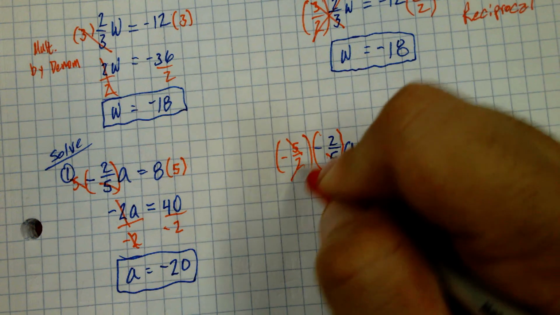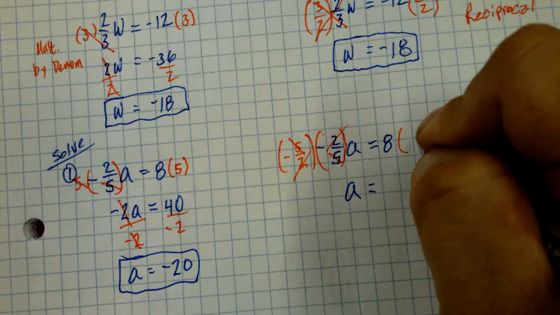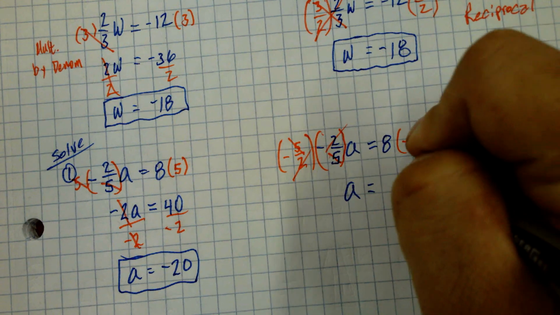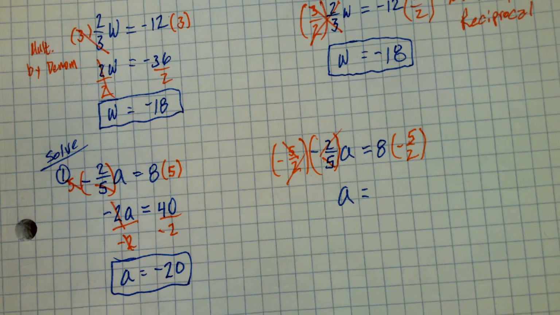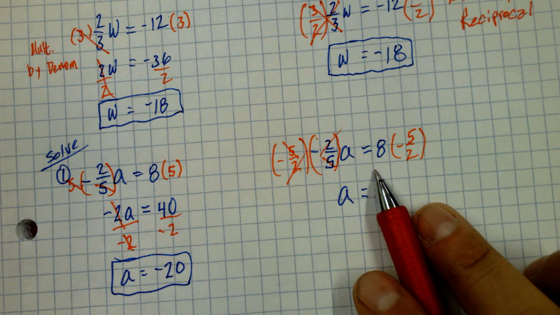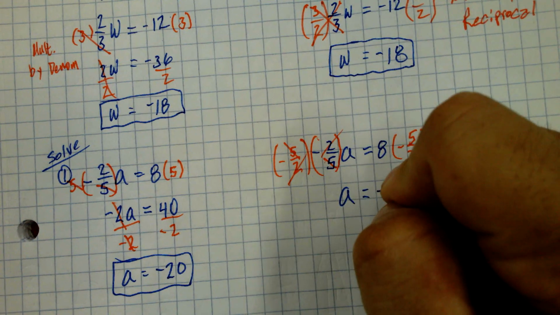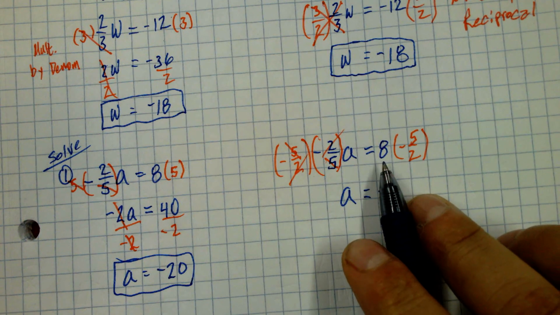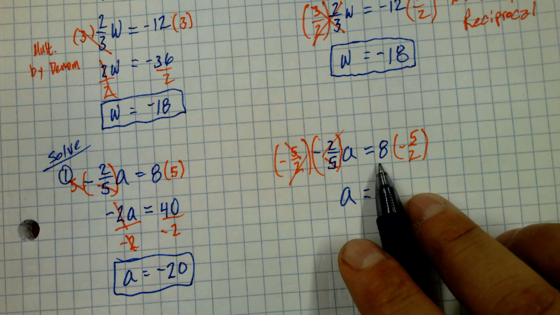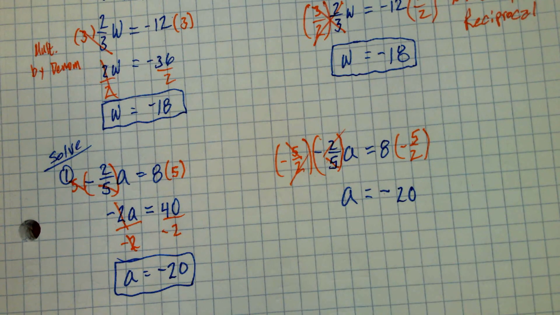And 5 cancels with 5, 2 cancels with 2. We get a equals multiply by negative 5 halves. And my favorite way of doing it is dividing and then multiplying. So first of all, let's decide on the sign of our answer. Positive or negative? Yeah, positive times negative is a negative. And 2 goes into 8 4 times. 4 times negative 5 is, in this case, yeah, negative 20.